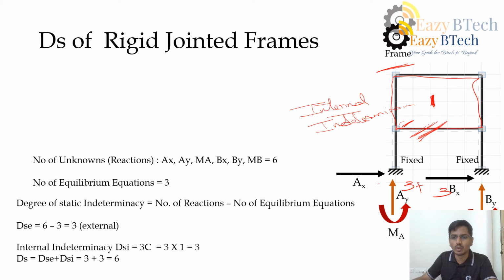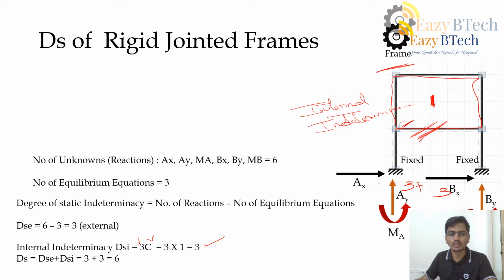Since in this case we have one closed loop, the internal indeterminacy is nothing but 3 times C, where C is the closed loop. Since we have 1 here, DSI is 3. So the internal indeterminacy has a degree of 3.